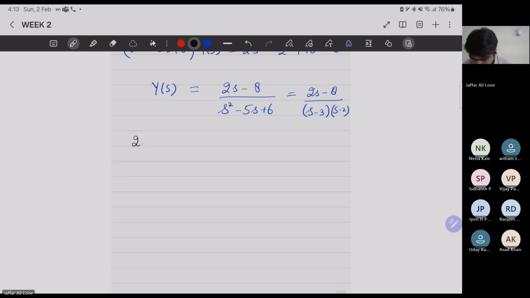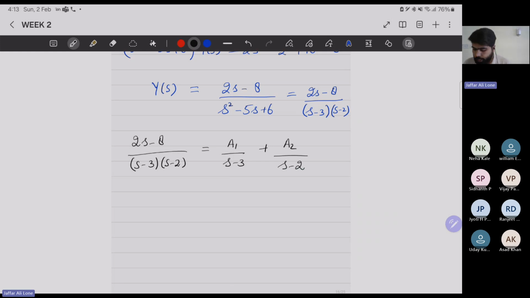(2s minus 8) over (s minus 3)(s minus 2) is a1 over (s minus 3) plus a2 over (s minus 2).